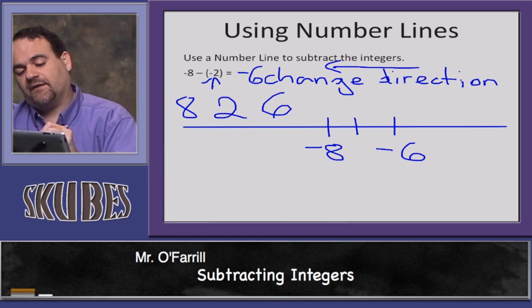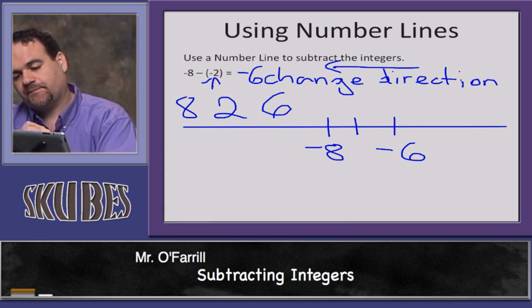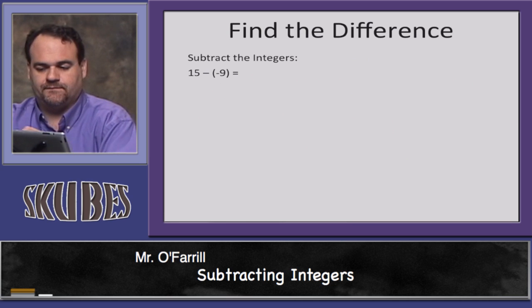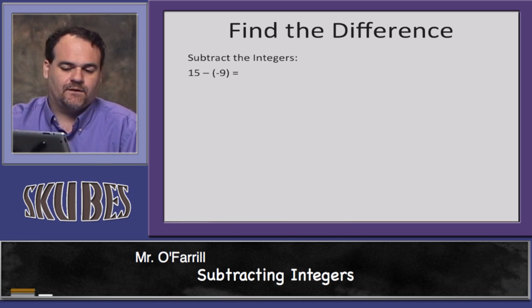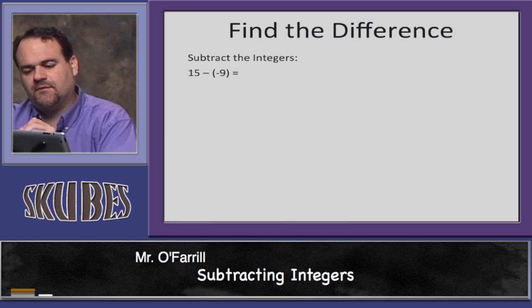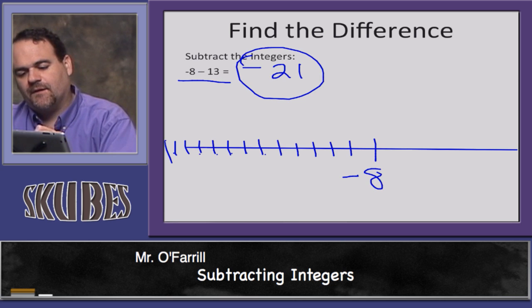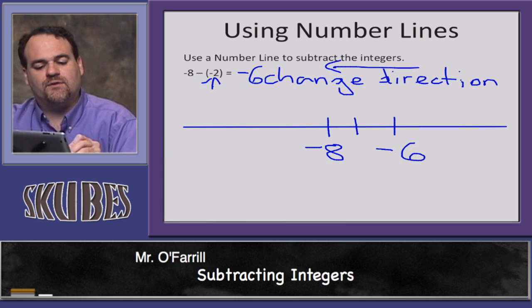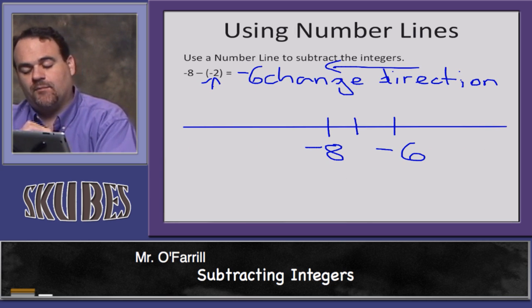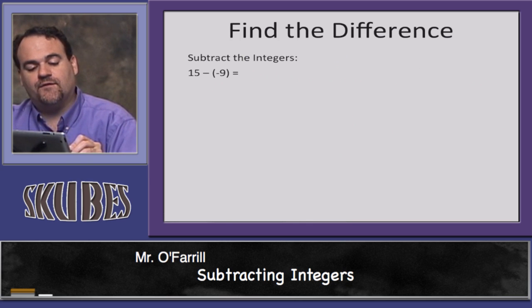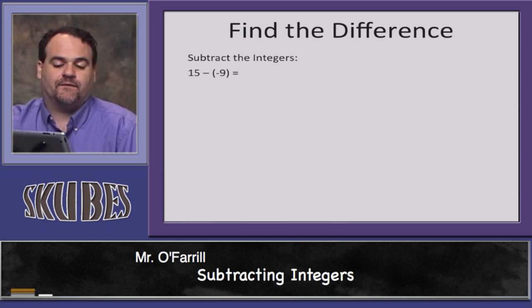And we can use that fact here. Or can we? Is this exactly the same as the other one? Not really, because the last one, if you remember, the first number was negative. But here, the first number is positive.